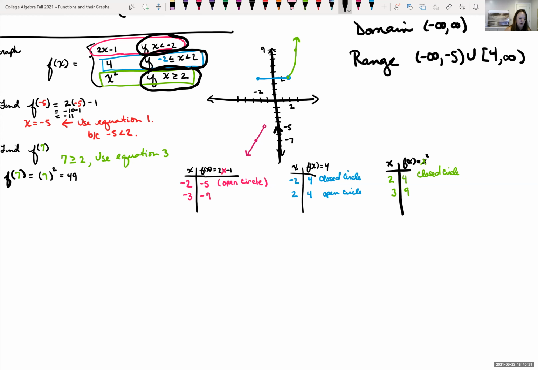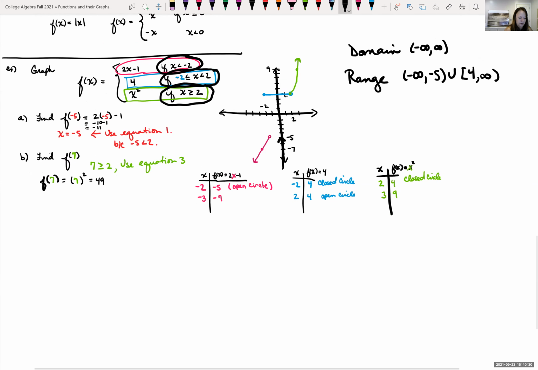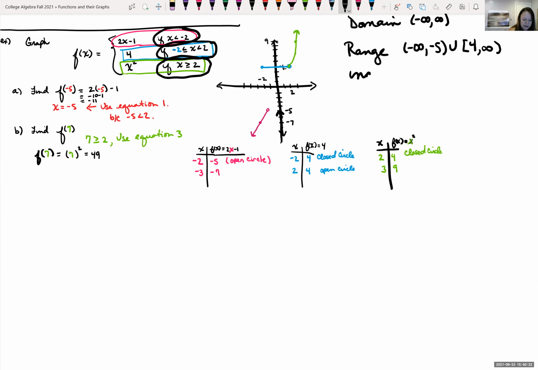You should also be able to look at the graph and tell where it is increasing, decreasing, and constant. If I look at where it is increasing, going up from left to right, always starting from smallest to largest, we're looking at x values. Notice that this first graph to the left, that line, is increasing. So these are all x values coming in until I hit -2, and it's an open circle, so I'm going to put a parentheses.